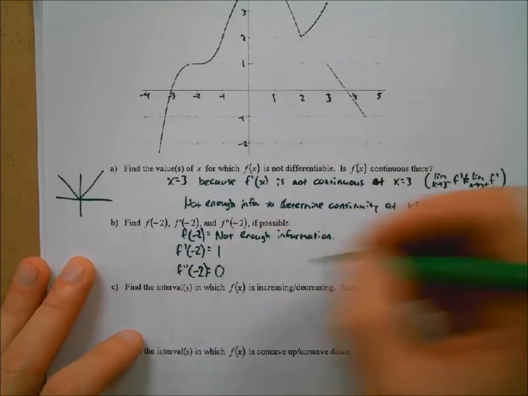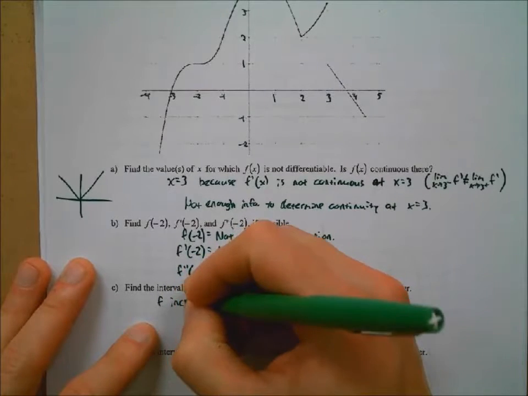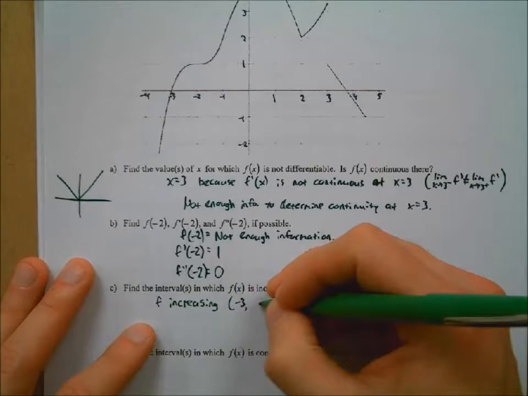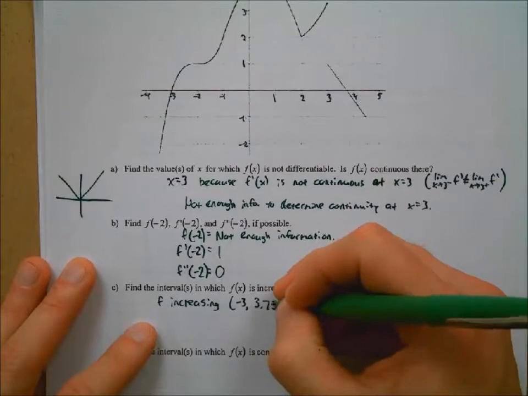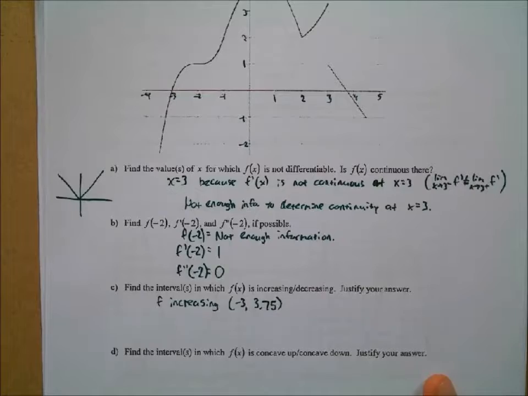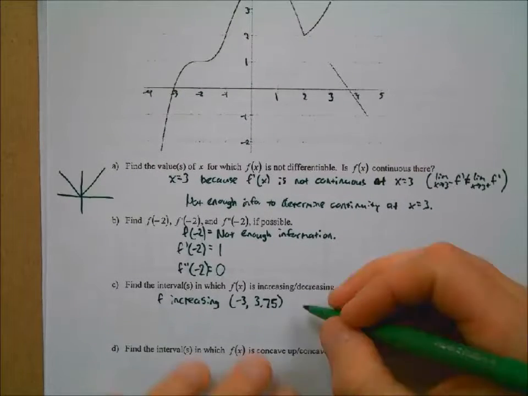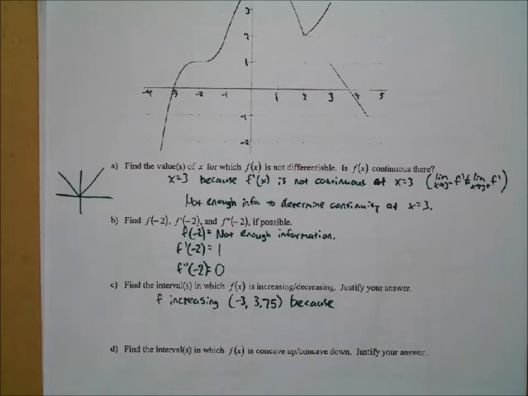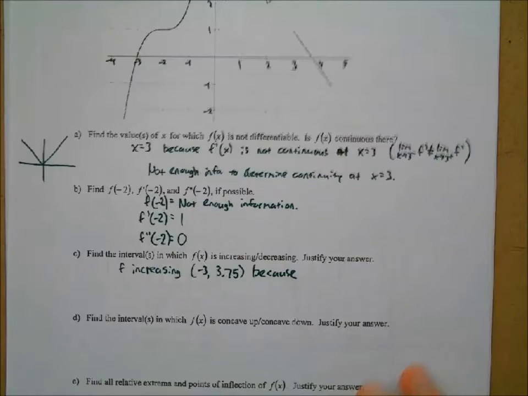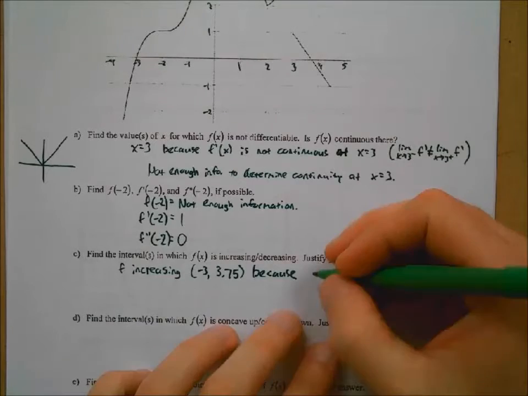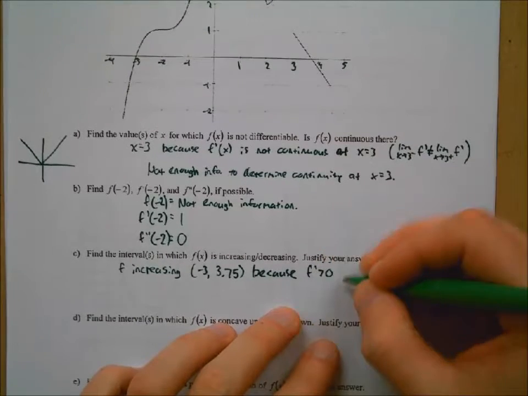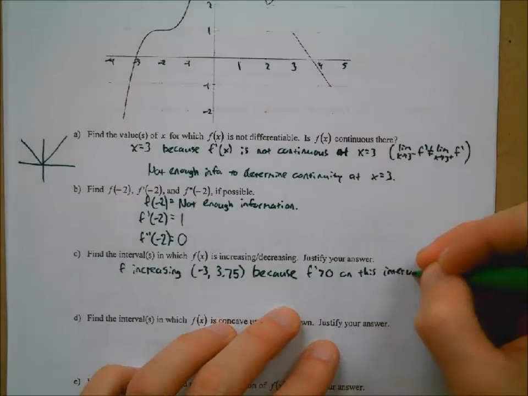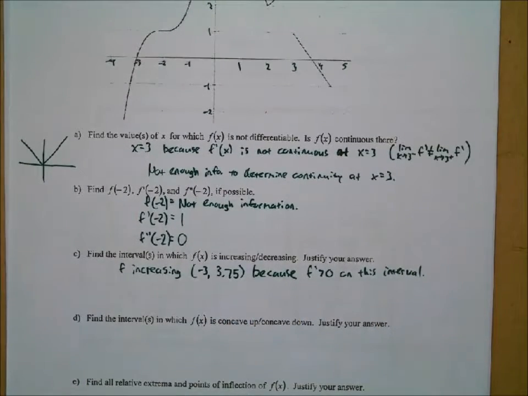So, justify your answers because, what's our justification here? F prime is greater than 0 on this interval. Okay.